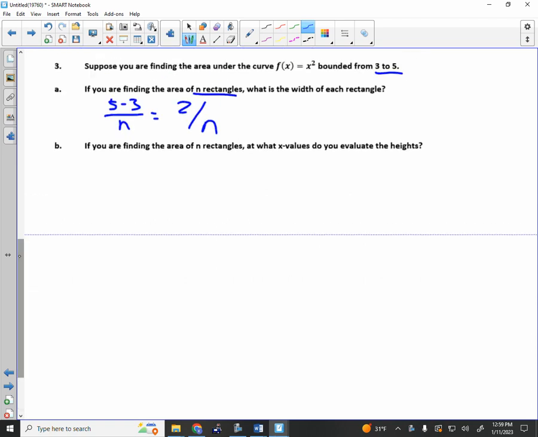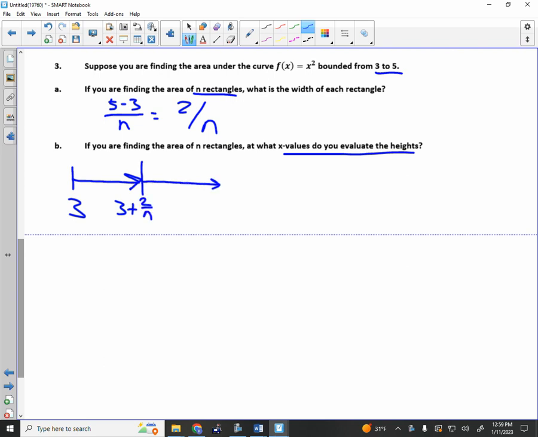It says if you're finding the area of n rectangles, at what x values do you evaluate the heights? Where are we starting? What's our starting spot? 3, but we don't do it at 3, do we? We have to advance 1 width, don't we? What's going to be that first spot then? We're going to do 3 plus 2 over n, right?